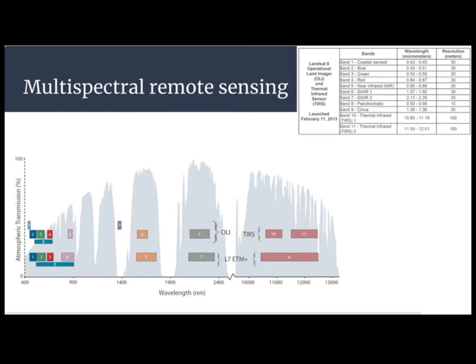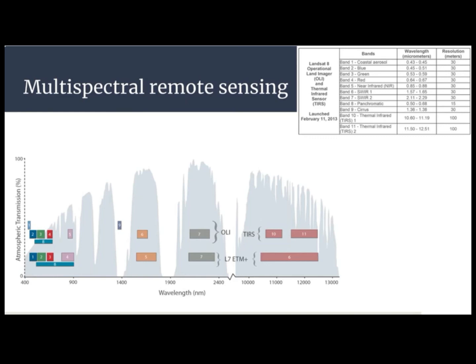And we have a couple different methods for how we measure infrared energy. So the near infrared, band 5 in the chart at the top, on Landsat 8, that's the reflectance that plants have. And as you get further out, to even longer wavelengths, these are parts of the infrared spectrum where heat is being radiated back out. It's not anymore similar to visible light.